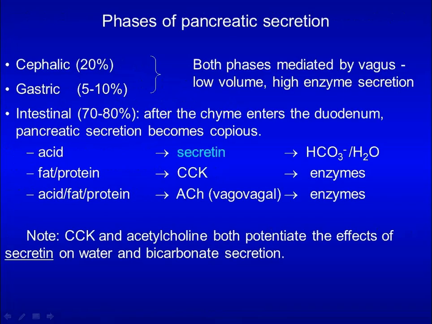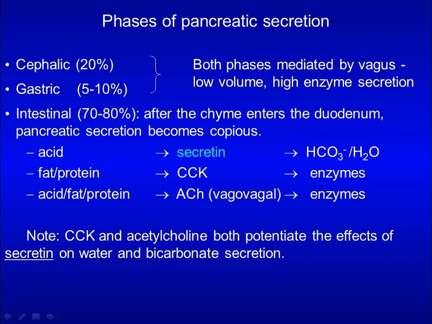Similar to gastric secretion, pancreatic secretion also occurs in 3 phases. Before food enters the stomach, it is called the cephalic phase. After food enters the stomach, it is called gastric phase. Both cephalic and gastric phases are mediated by vagus nerve.